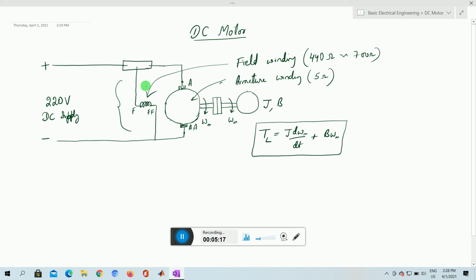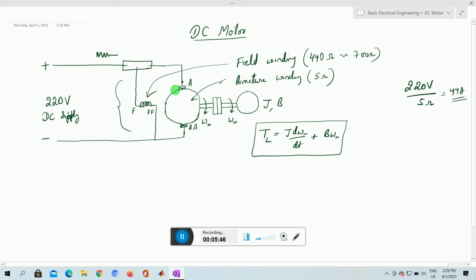Now obviously when we give 220 volts across a 5 ohm resistance, the current will be very high, about 44 amperes, which is a very high value of current. So it will destroy the armature winding. Therefore, we need to add a very high resistance in series with the armature at the time of starting.